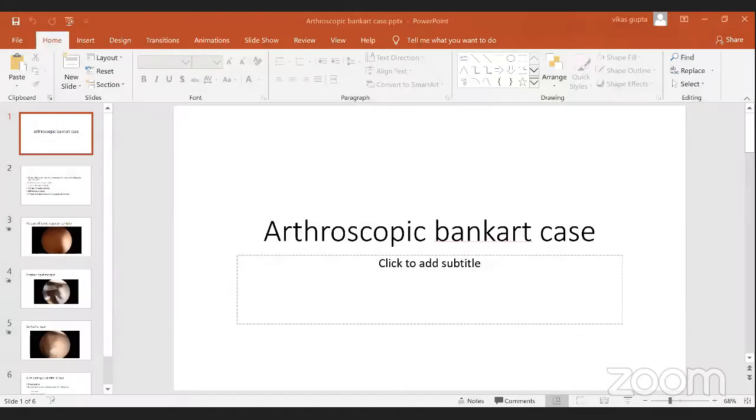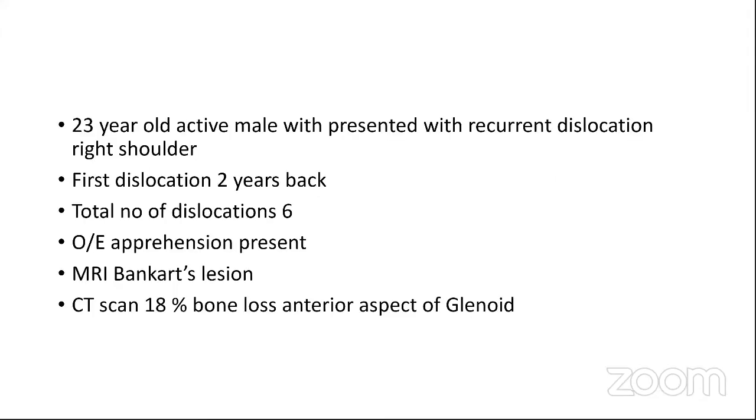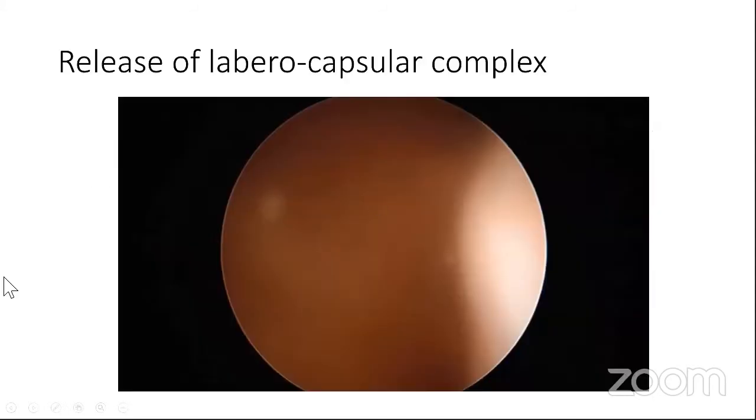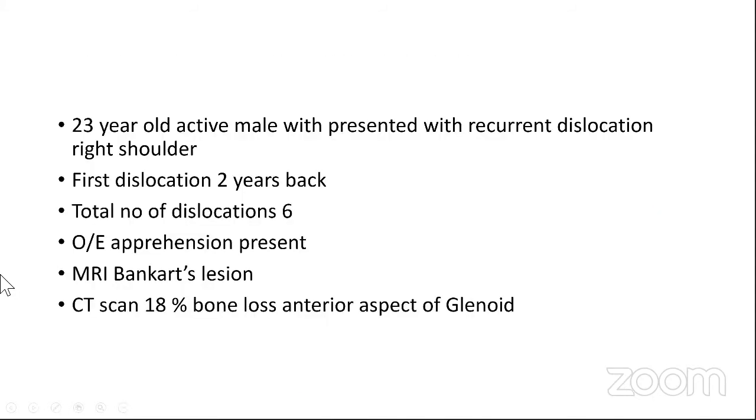Next case is arthroscopic Bankart repair, which was when a patient came to us. This is a 23-year-old active male presented with recurrent dislocation of the right shoulder.